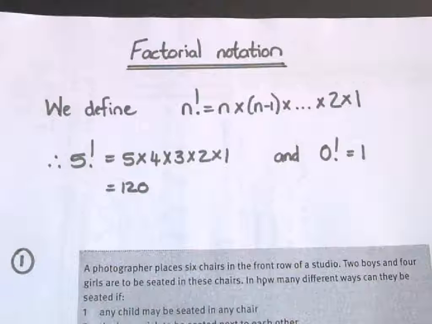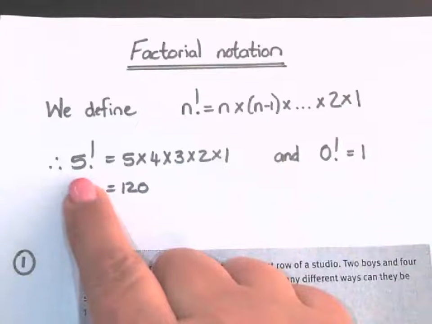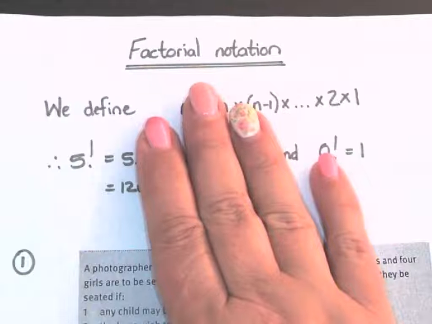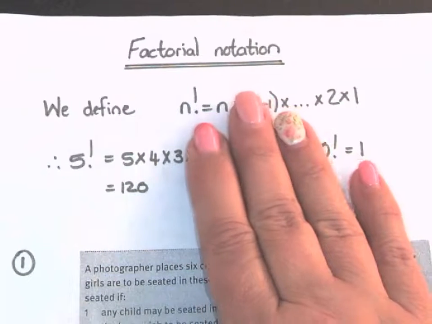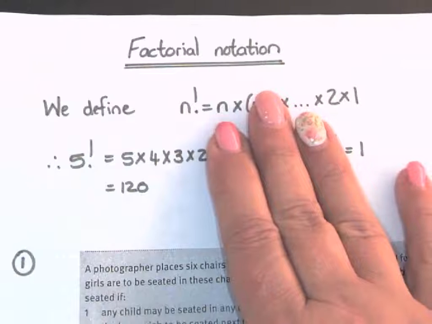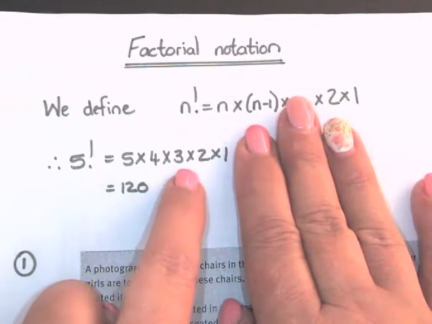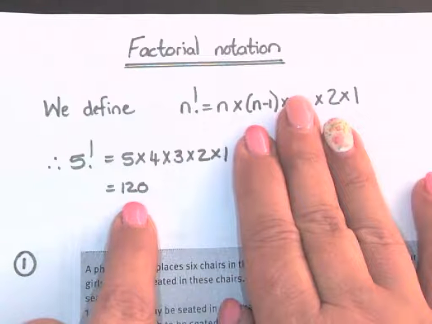Factorial notation has to do with, let's say there are 5 children and they need to sit on 5 chairs. First, you pick 1 out of 5 to sit down. Then there are 4 left. So you pick 1 out of 4 to sit down. Then there are 3 left. And then 2. And then 1. So you multiply 5, 4, 3, 2, 1 with each other to get 120 combinations.